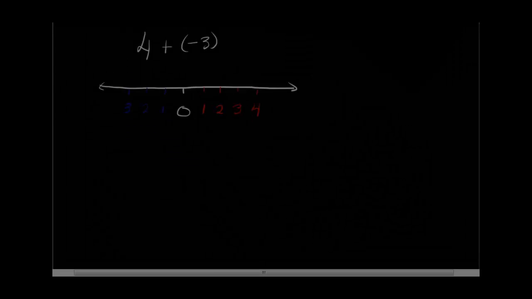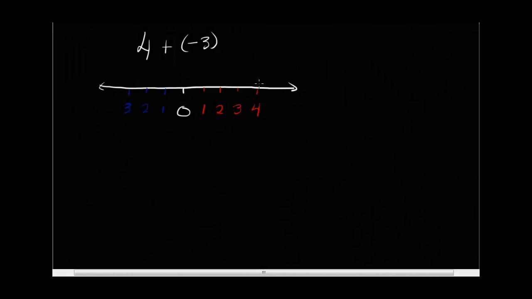Now we're going to model using a number line. So we've drawn our number line, and we're going to start at +4 and move 3 spaces in the left direction because we are putting together 4 plus -3. So we are moving from 4 3 spaces in the negative direction. So where we end up is our answer.